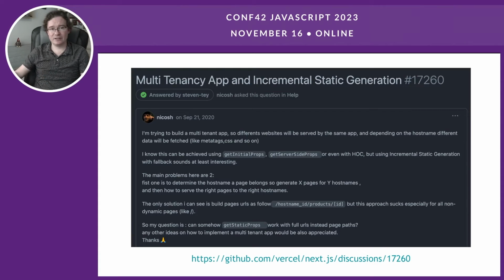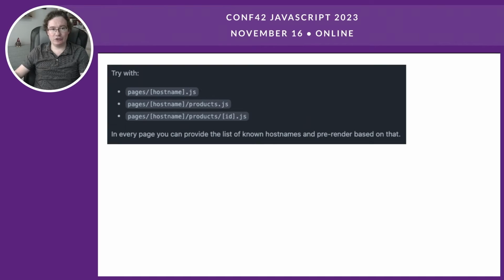There is quite a long discussion about this topic on the Next.js GitHub, and it took quite a while to get an official answer on how to solve this. The recommendation is to use some sort of identification on the route, like how we did. And in this example, they're suggesting you use the host name of that request.